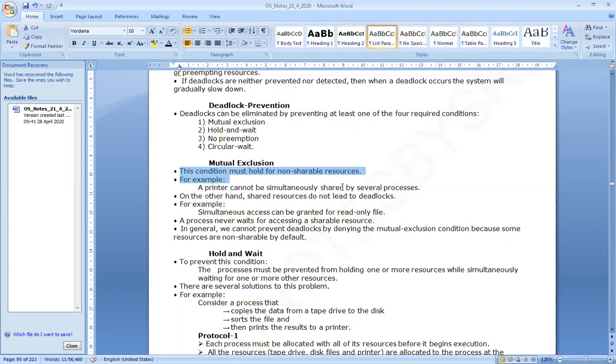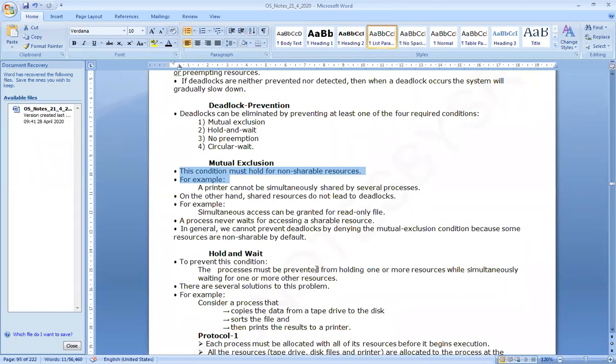Mutual exclusion means we should use that particular resource synchronously, one after the other. If I am able to achieve this mutual exclusion among the processes, two processes will not fight for the printer at the same time. If that condition holds good, then we can easily say that there is no deadlock.